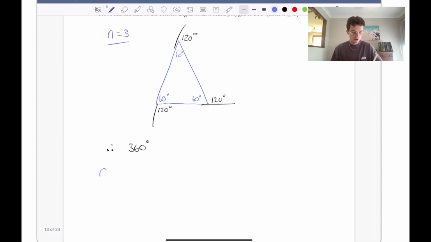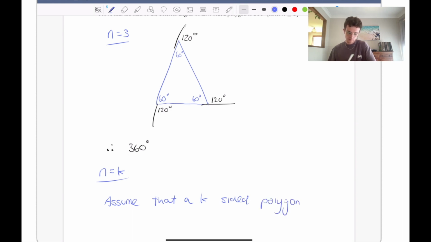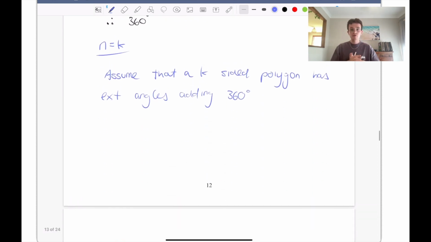Let's assume true for n is k. So let's assume that a k-sided polygon has exterior angles adding to 360 degrees. Now let's prove true for n is k plus 1.